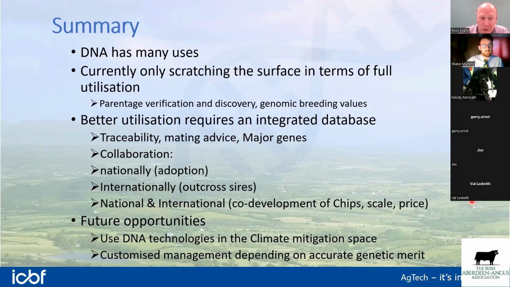Everyone benefits from there. So in terms of future opportunities, we see DNA technologies being useful in the climate mitigation space, which is really hot at the moment. That's in terms of putting a much better basis under the genetic merit of that animal and the greenhouse gas that particular animal emits relative to the animal in the next field.